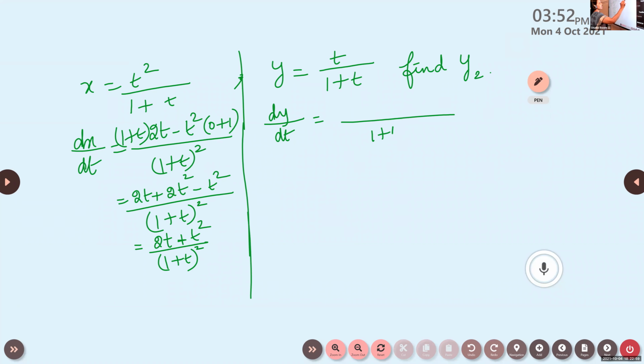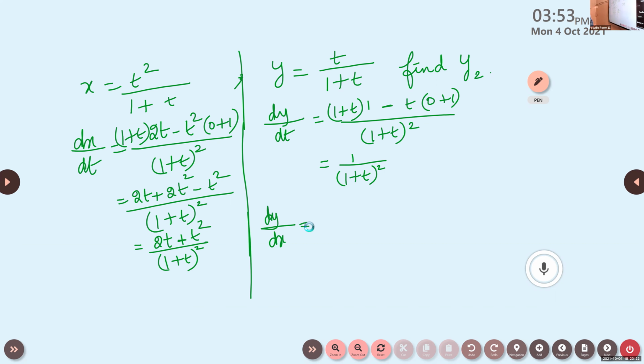1 plus t the whole square. So it is 1 plus t into derivative of t, which is 1, minus t into 0 plus 1. So we get 1 plus t minus t, so it is 1 by 1 plus t the whole square. Therefore what is dy by dx?